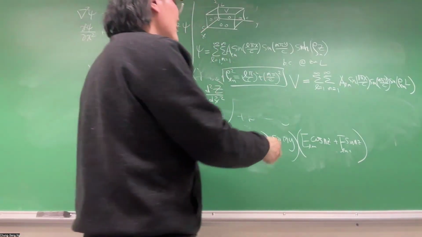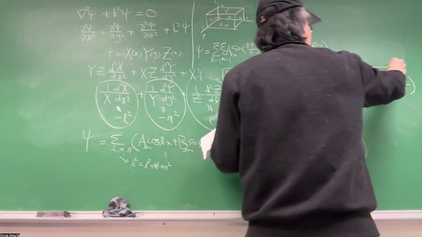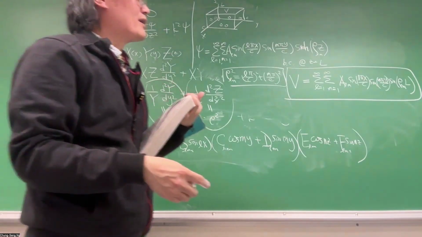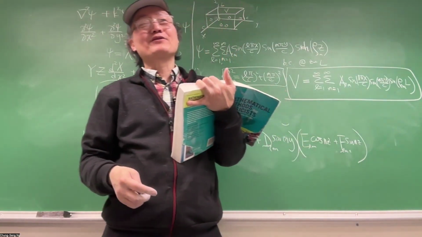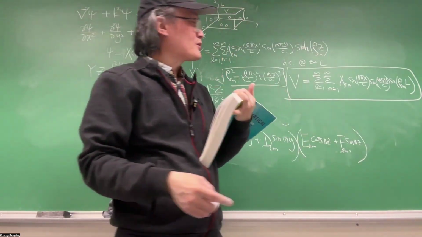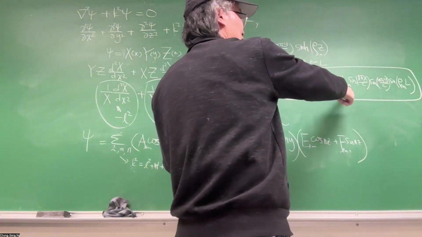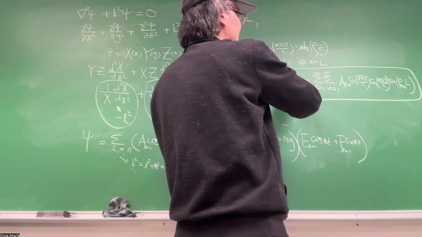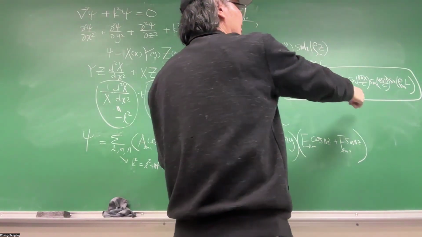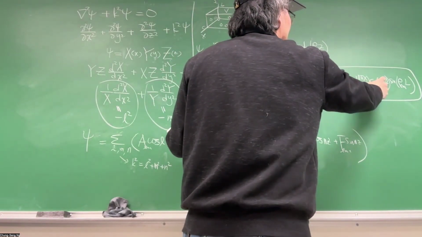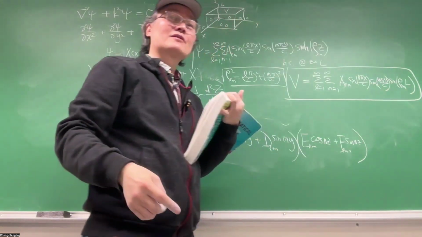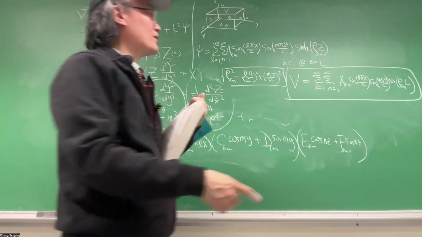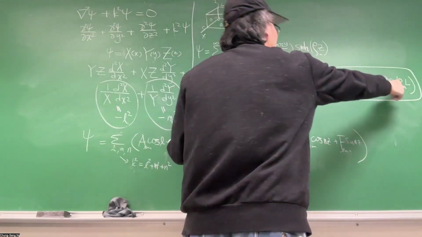Okay, and that becomes a Fourier series expansion. It's actually a Fourier sine series, and we did that before. You know how to do it now because we went through the Fourier series chapter. We just use the formula for Fourier expansion that basically involves integrating V multiplied by the same sine and sine factors, and then multiplying with the corresponding normalization constant, and you get your coefficient A_LM times this one.